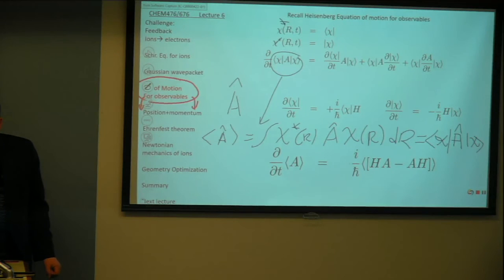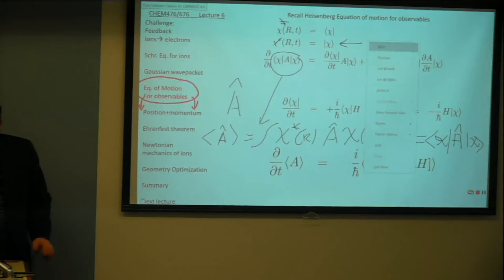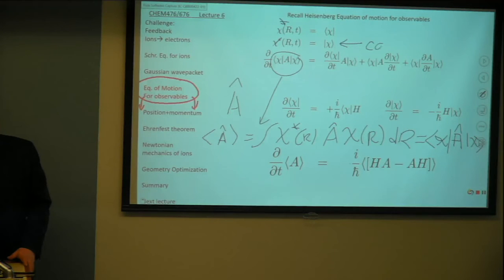Just a second. Repeat your question. So this one is column. This one is row. Okay.